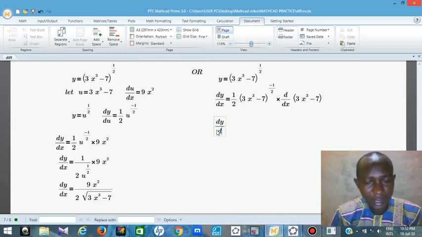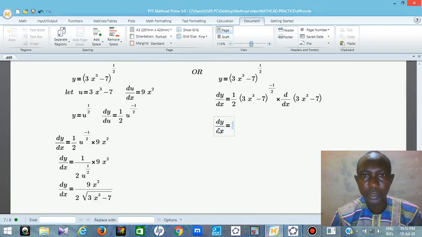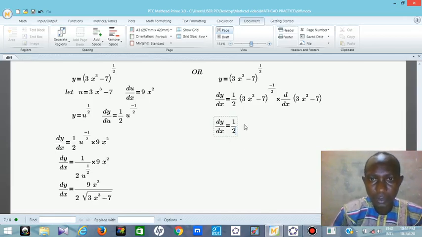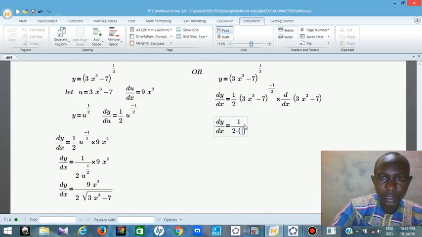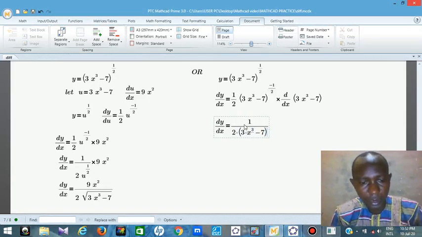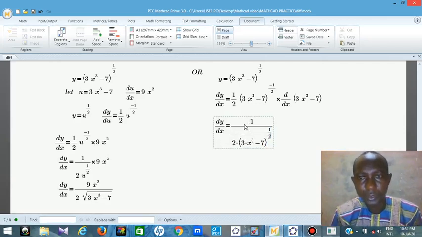So dy dx will now be equals to 1 over 2, then this is raised to power minus 1 over 2, it will now come down as open bracket 3x raised to power 3 minus 7 raised to power 1 over 2.